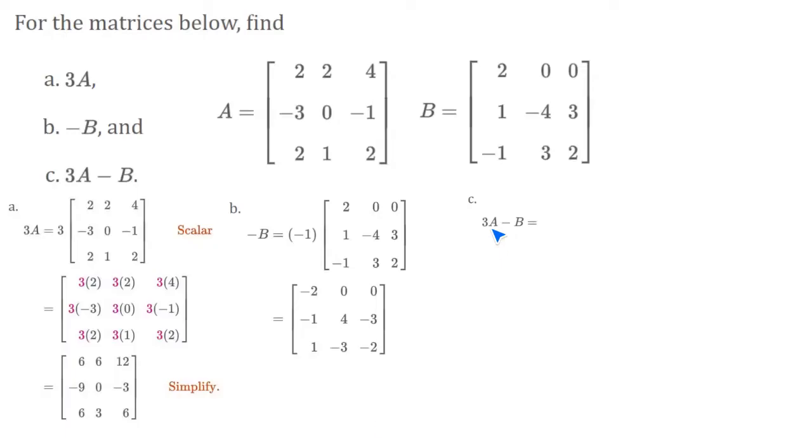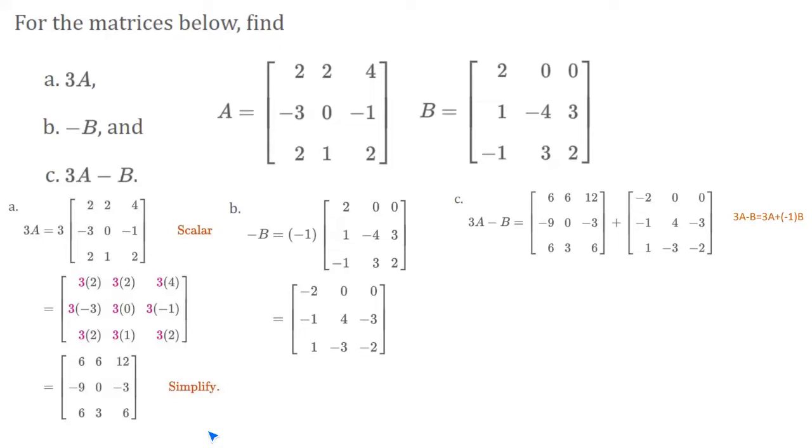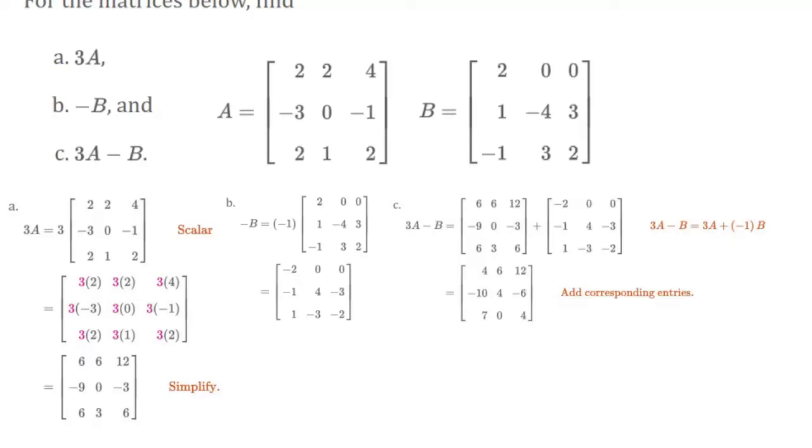Okay. So now if we want to do 3A minus B, well, 3A, we did it in part A, and we got this matrix, 6, 6, 12, negative 9, 0, negative 3, and then negative B was negative 2, 0, 0, and so on. So to add the matrices, notice they're the same size.